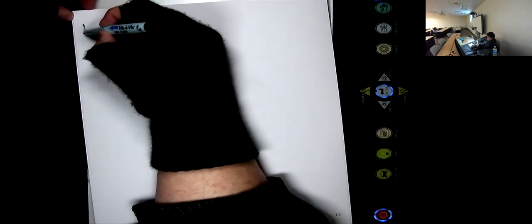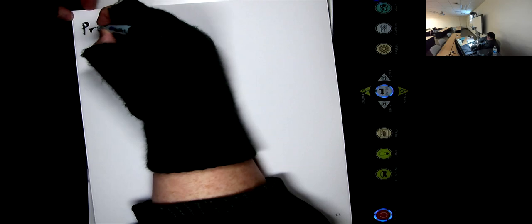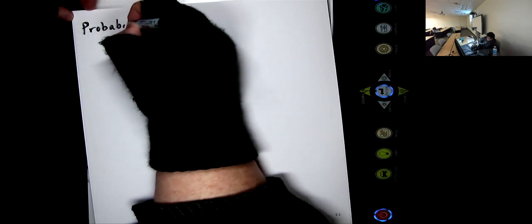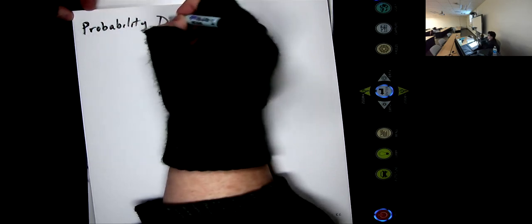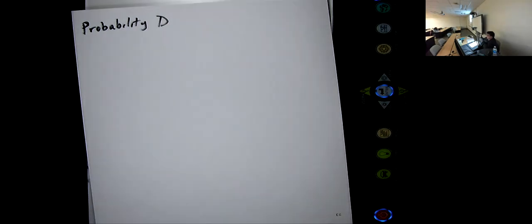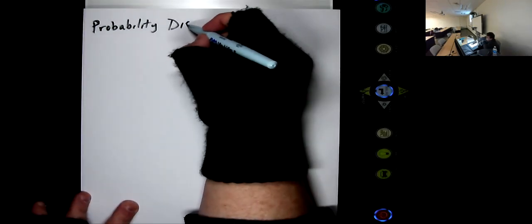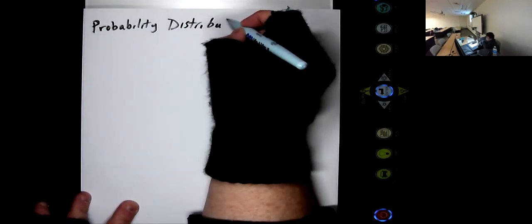So let's look at a scenario. Those are probabilities, a probability distribution. This pen is dead. I'm getting a new pen. Isn't a whole lot better, is it?